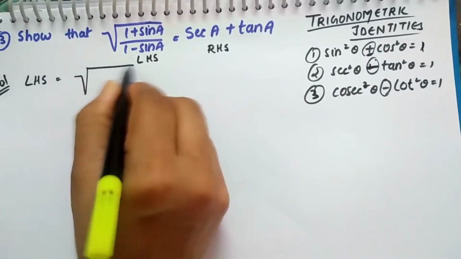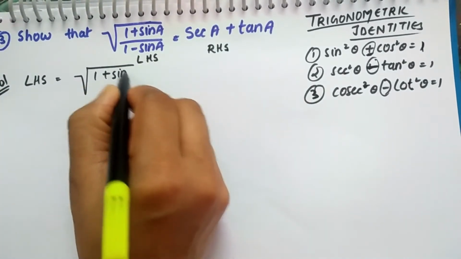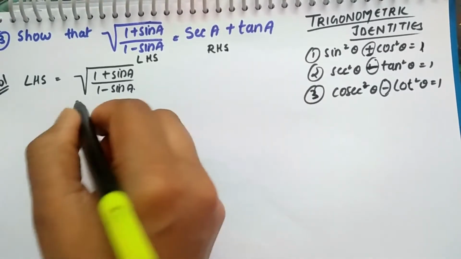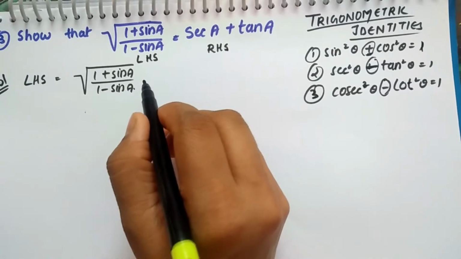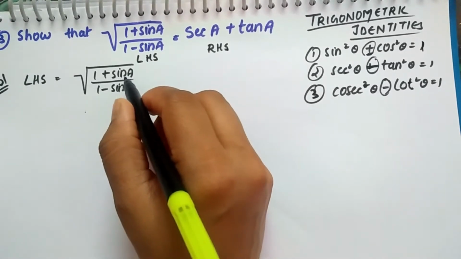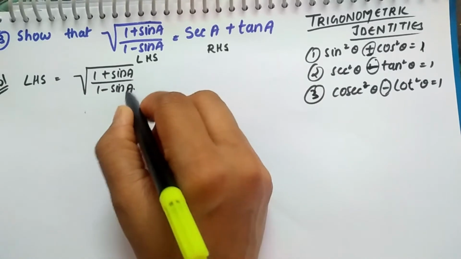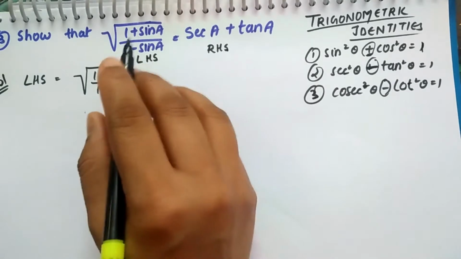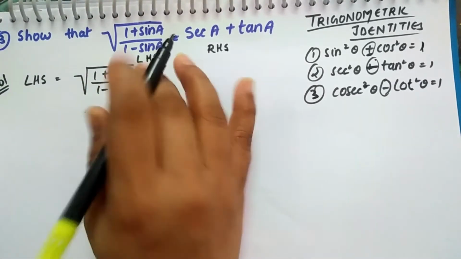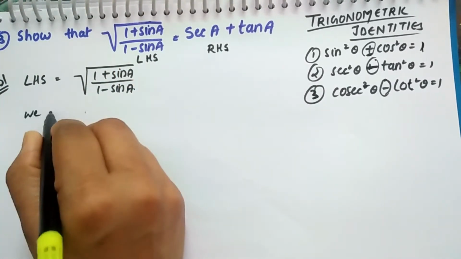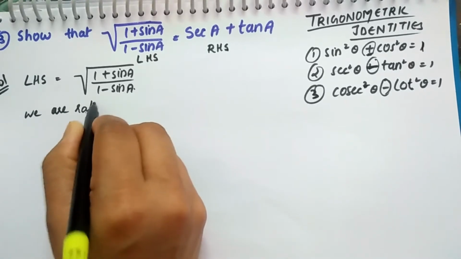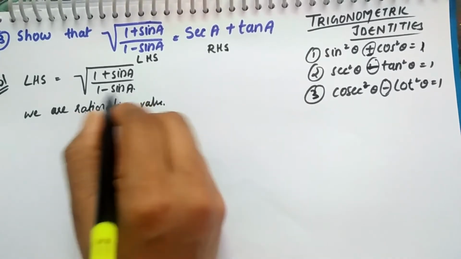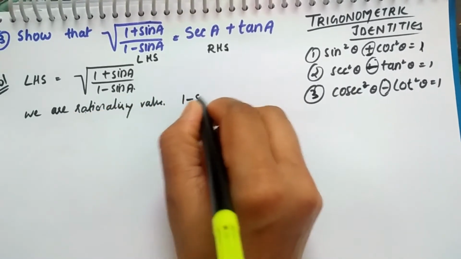So first let us write LHS. What is LHS? Root of (1 plus sine a) divided by (1 minus sine a). Here, even if you try harder to solve the next step, you will not get it unless you multiply or divide or do some operation on this value. So here we are rationalizing. See what is there in the denominator? 1 minus sine a.